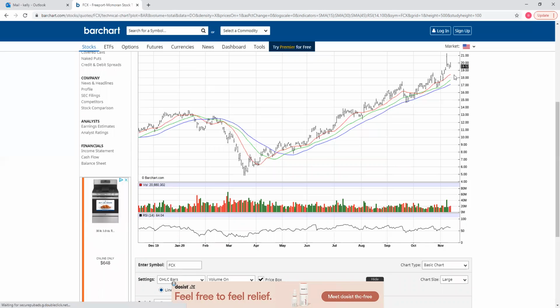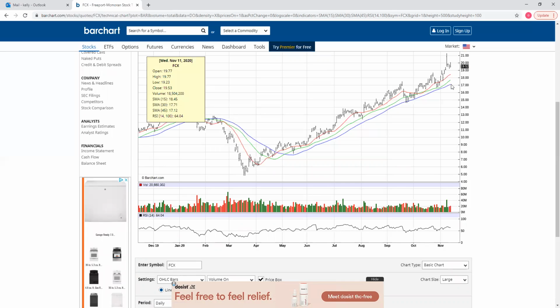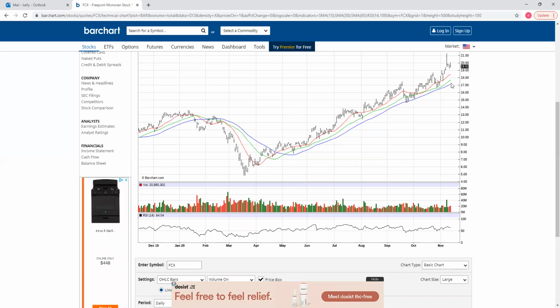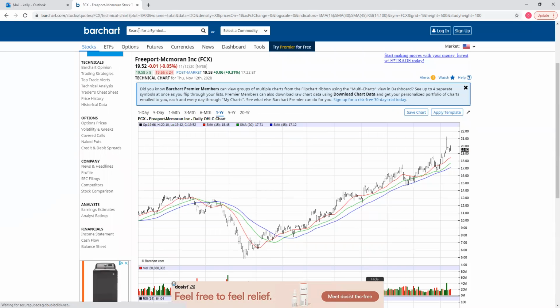But longer term, any pullback should probably be a buying situation because this is an infrastructure play as well as a housing play and a China building around the world of Africa play. So it's a pretty good thing as far as we're concerned. That's Freeport-McMoRan, gets you silver, gold, and copper. Not a bad trio to be involved in lately.